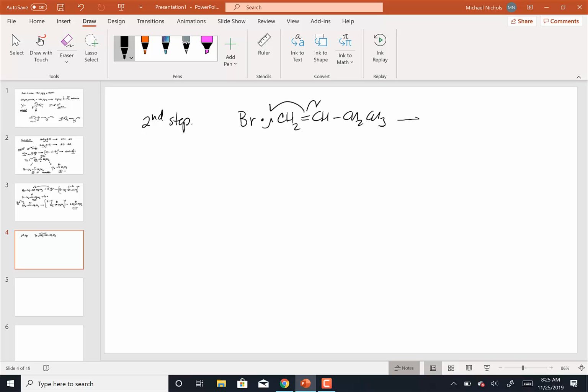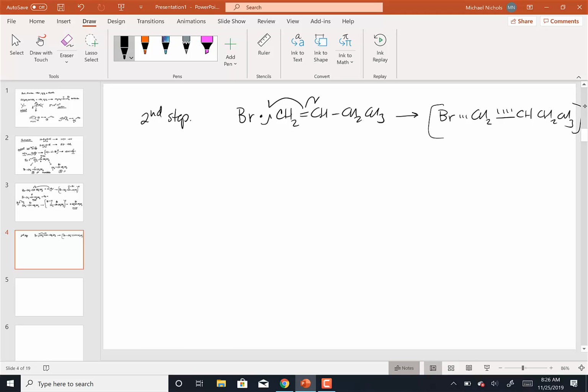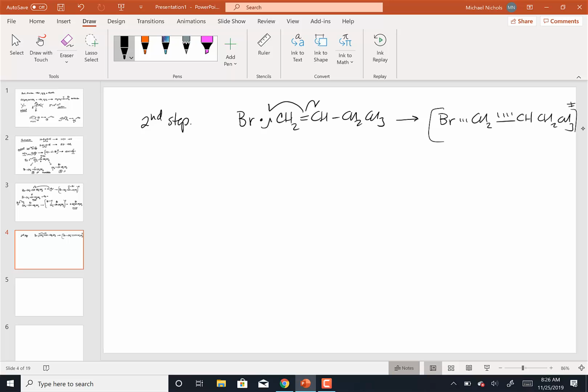The transition state for that would be the bromine partially bonded to the CH2, the double bond partially breaking. Again, the transition state for these kinds of reactions is just partial bonds, no charges.